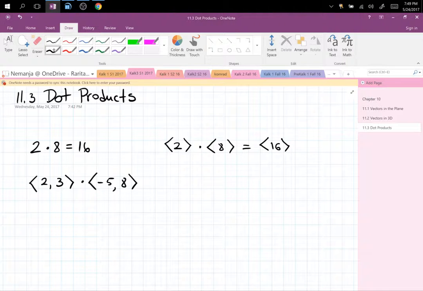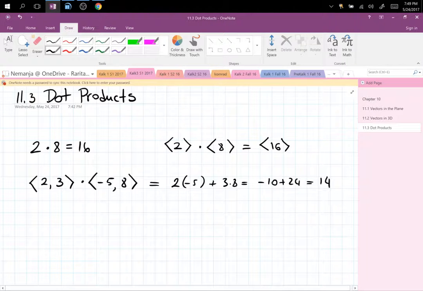So the dot product, as you've seen while doing the class prep, will be 2 times -5 plus 3 times 8, which gives us -10 plus 24, which is 14 in this case. So if you multiply two vectors, you are going to get a scalar quantity at the end.